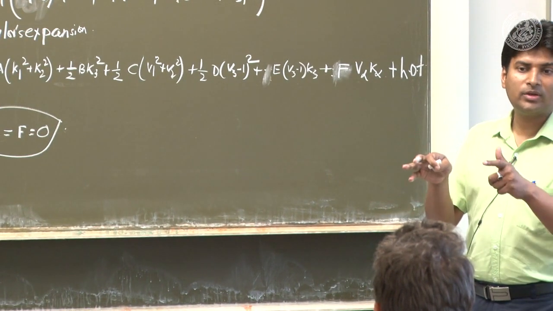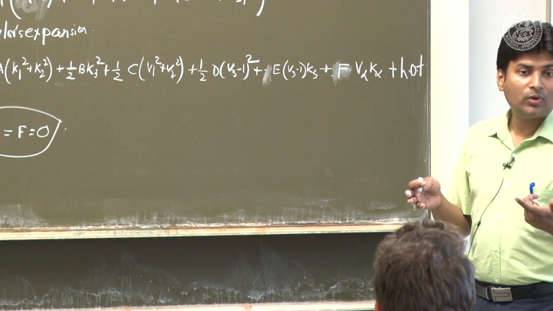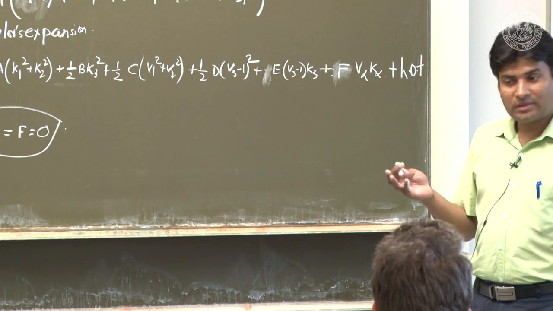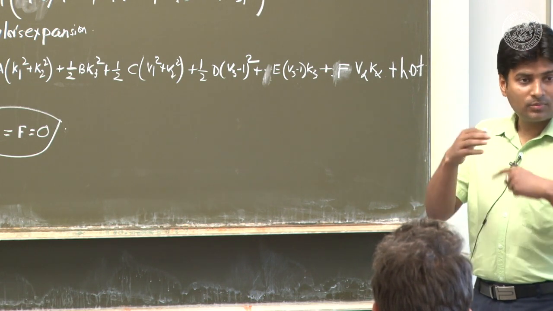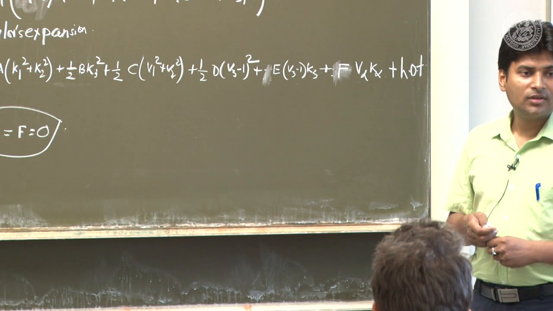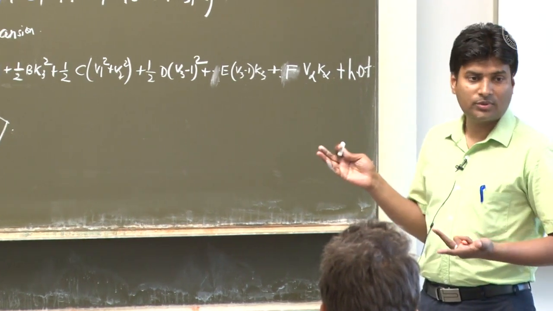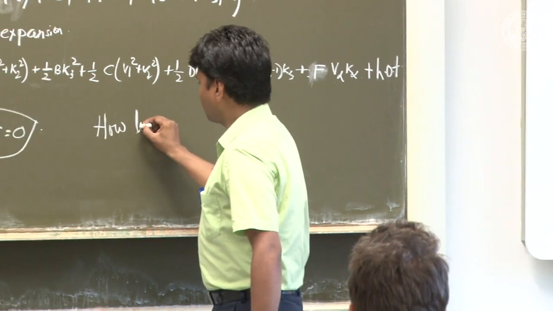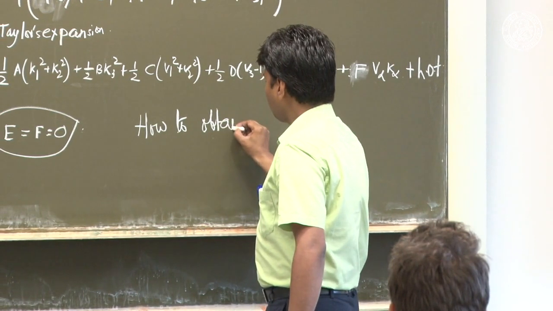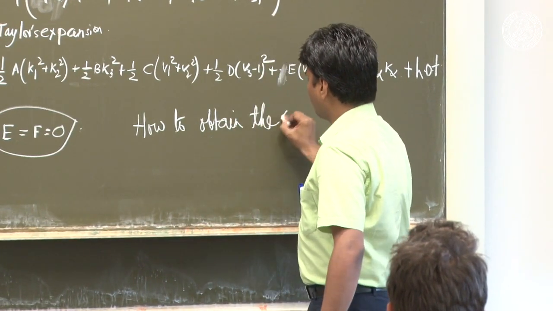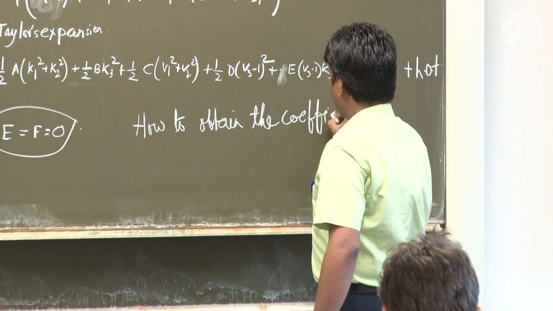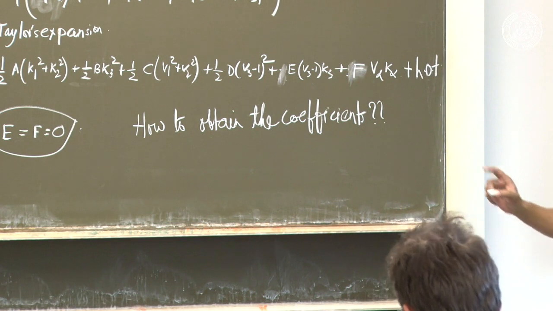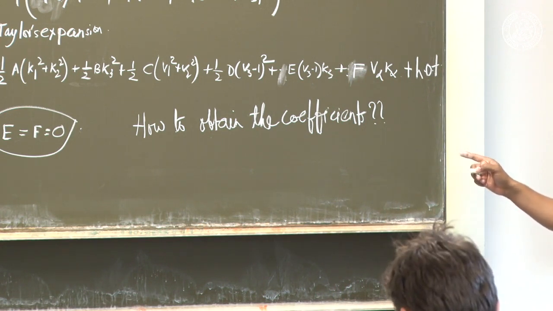You can plug in some numbers, but if you want to get it for a real rod, for an aluminum rod or any metallic rod having some cross section size, we still do not know how to get them, isn't it? So, how to obtain the coefficients? That is the question which we still do not know how to work out.